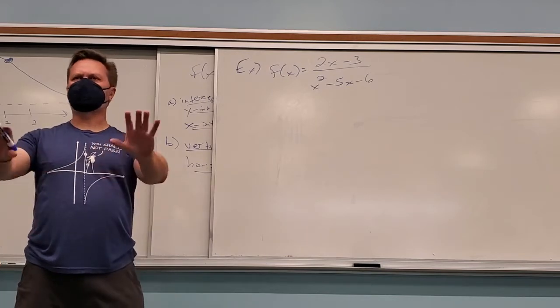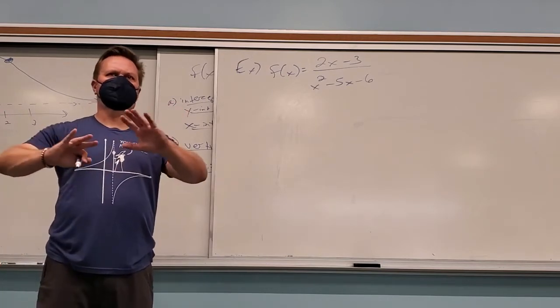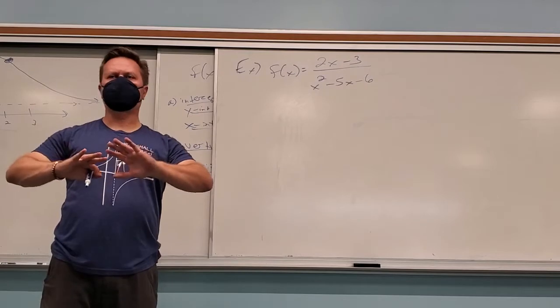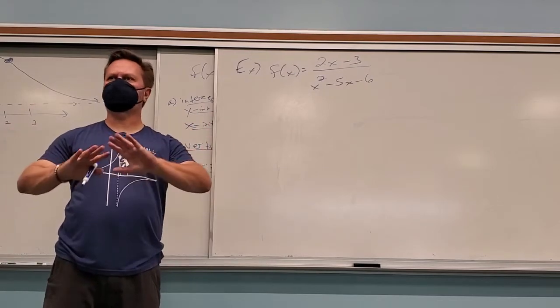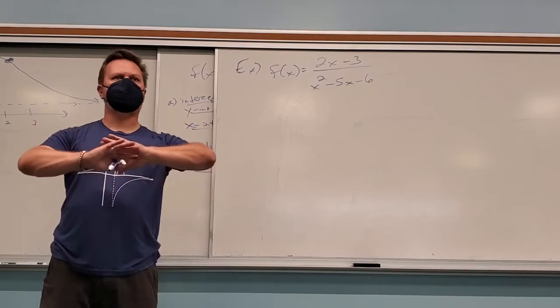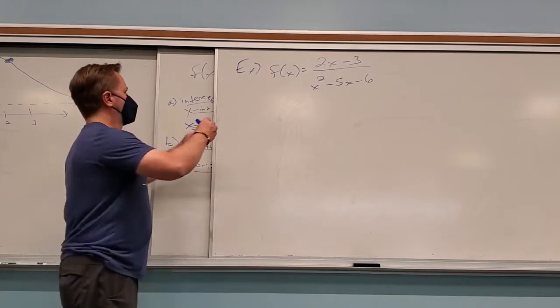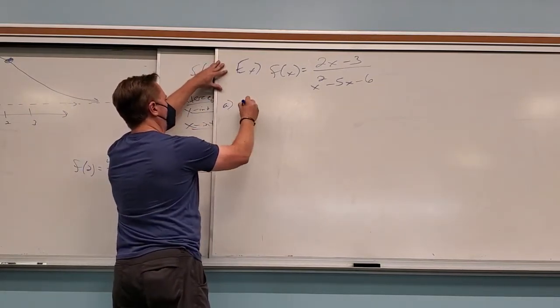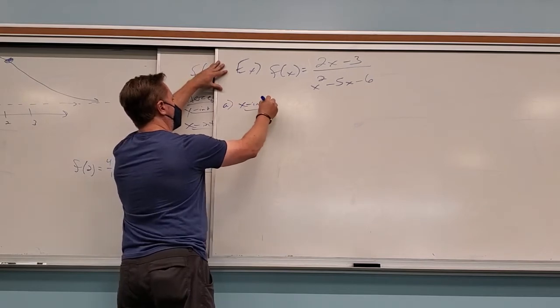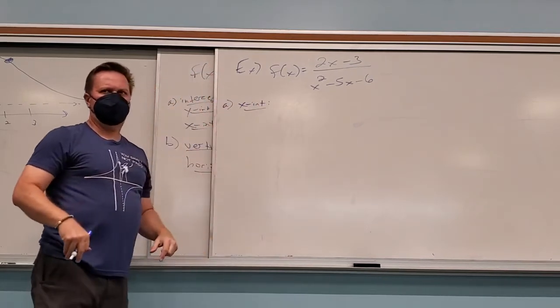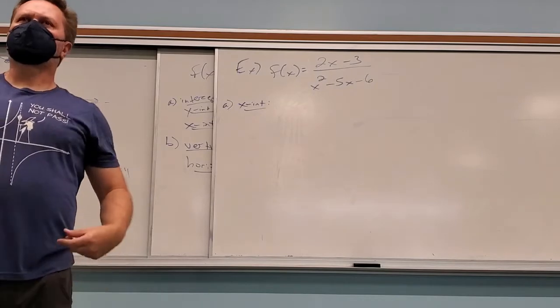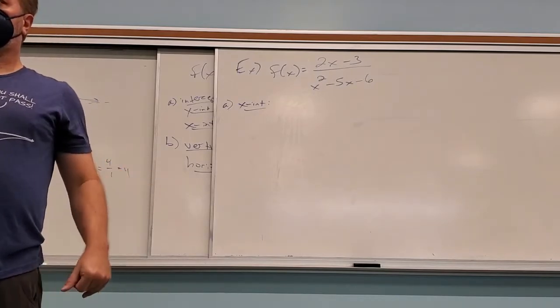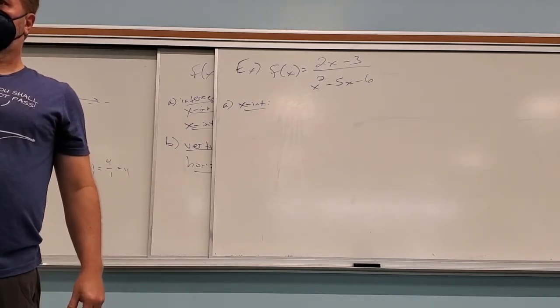All right, let's try to just attack this thing. The old stuff: no matter what function I give you, you can always just find the intercepts. That never changes. How do I find the x-intercepts? Again, in a fraction, the only way to make it 0 is if the top is 0.